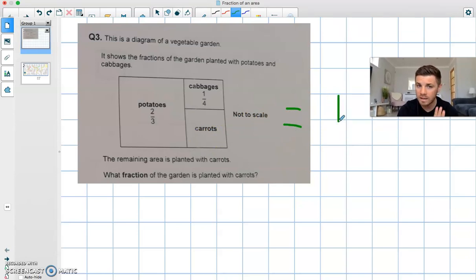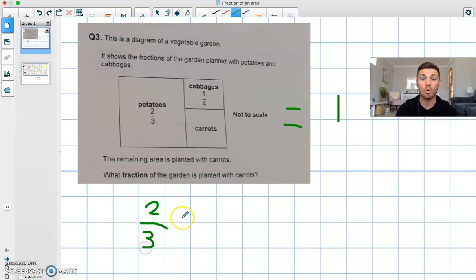It's really, really important. The way that we can find the missing fraction is by adding the two fractions that we know already together. So we've got 2/3 and we're going to add to it 1/4.